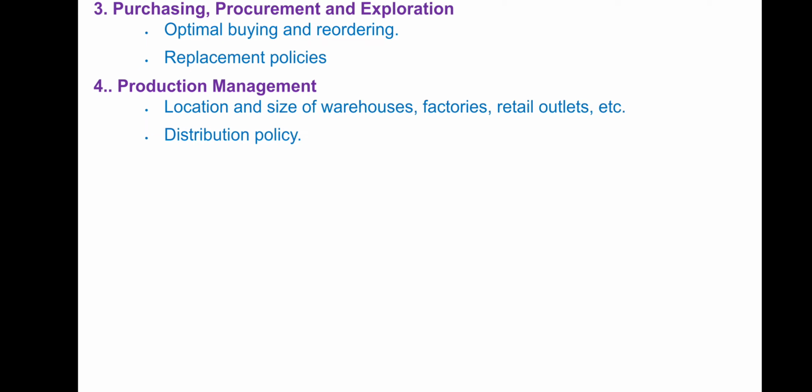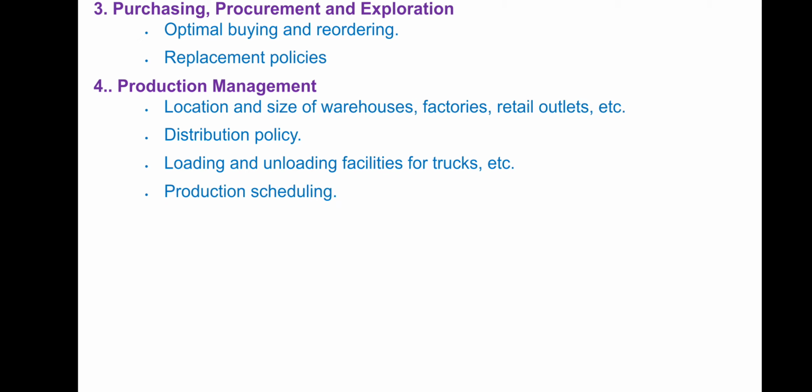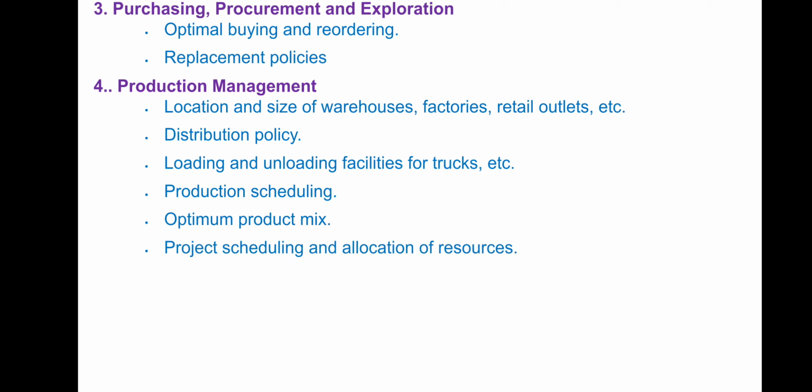Distribution policies: how you can distribute from one place to different places in a particular area, a particular zone. In that situation this will help you. Loading and unloading facilities for trucks are also important. Production scheduling, optimum product mix, how you can make a benefit of that, project scheduling and allocation of resources.